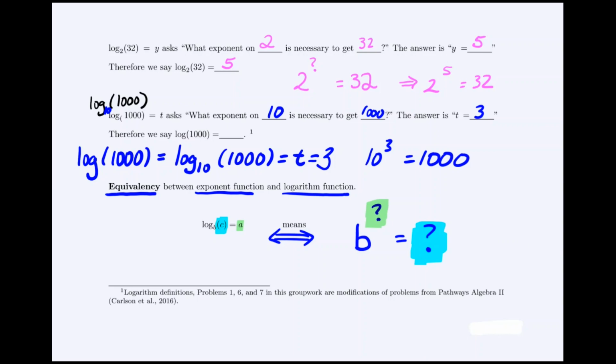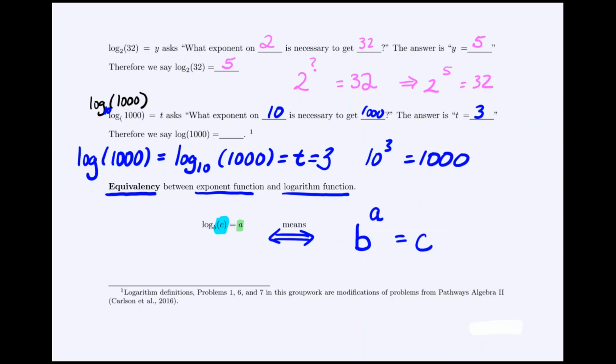That allows me to replace this with our c, and that with our a. So b to the a's power would give me the value of c, just like 10 cubed gives me 1,000, or 2 to the 5th gives me 32.